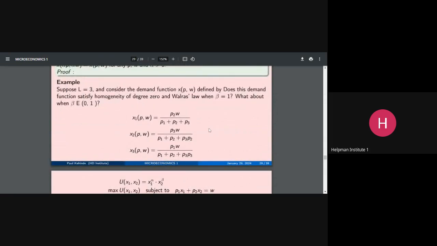Yeah, I've made the correction. So when beta is equal to 0 and when beta is within 0 and 1. Sorry, let me do one more correction to the question.